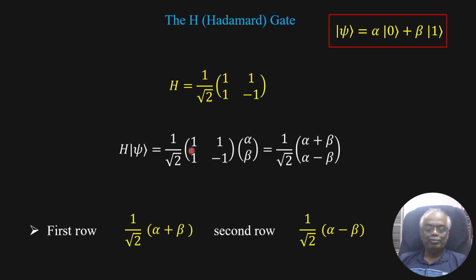If you multiply, you keep the coefficient 1 over square root 2 as it is. Multiplying the first row and this column, you get alpha plus beta, and the second row and this column gives alpha minus beta. So the first row is 1 over square root 2 times (alpha plus beta), and the second row is 1 over square root 2 times (alpha minus beta).